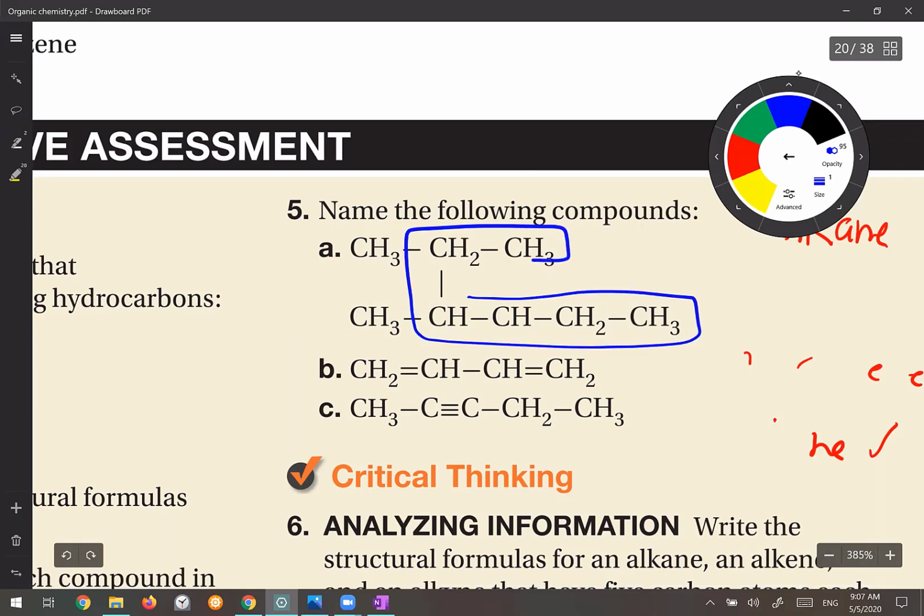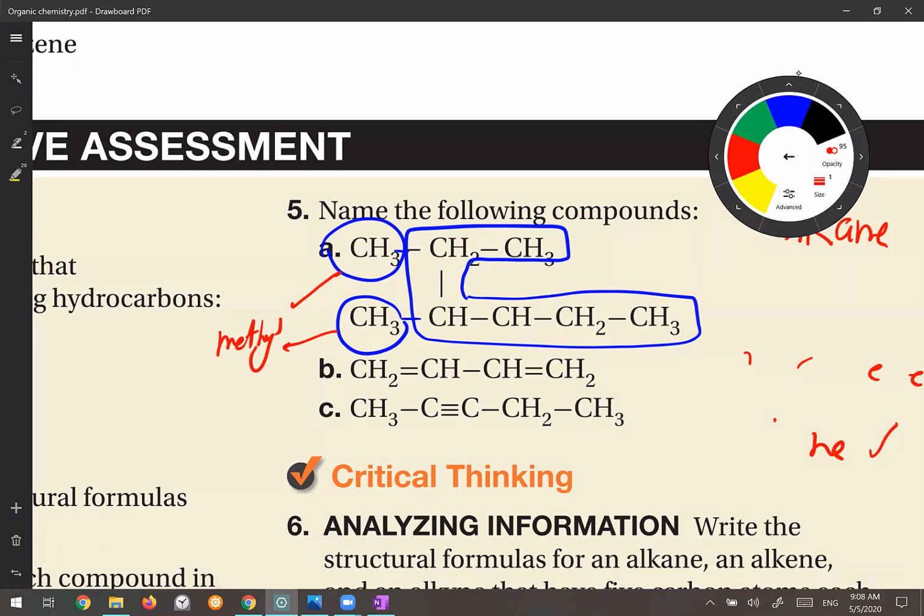Okay. Now I have 2 branches. One is here, the other one is here. Both of them are methyl. But when I name the hydrocarbon, I must mention the location of this branch. That's why I need to number the parent chain. And as I have told you, we have to number it from the side which the branch receives a smaller number.